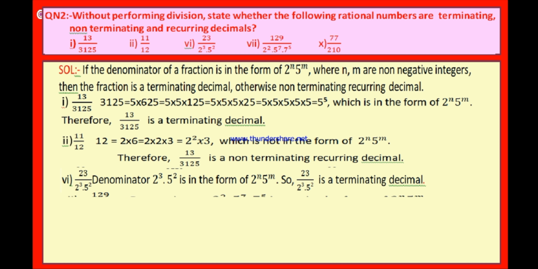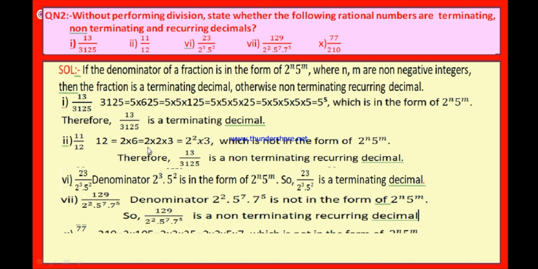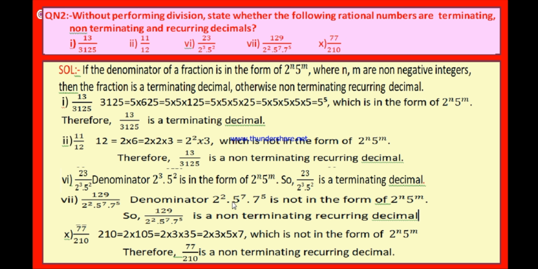Next is the 7th bit. 129 by 2 square into 5 power 7 into 7 power 5. Here the denominator is in the form of 2 square into 5 power 7 into 7 power 5.